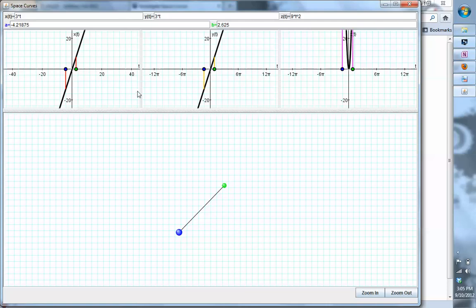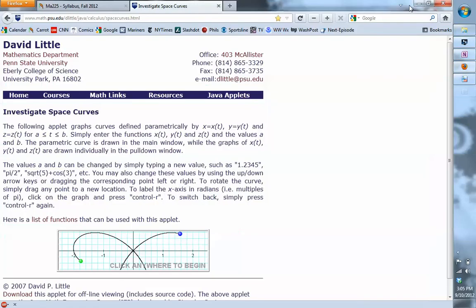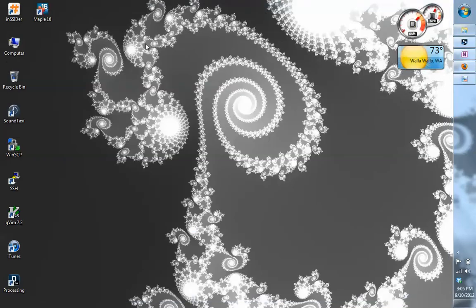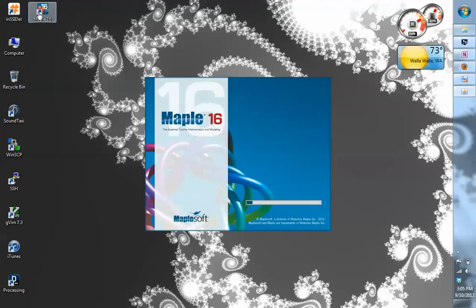So now what I want to do really briefly is just show you a different application so that I can get the axes in there, because that guy didn't have axes on his application. This is a piece of mathematics software that we have in the math department.